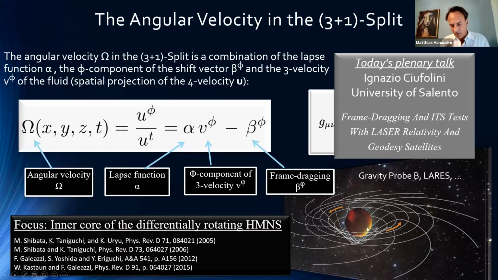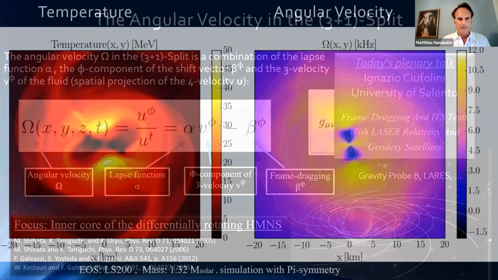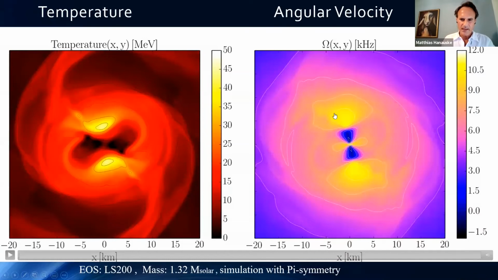But in the interior of a hypermassive neutron star, this frame dragging is really huge. I'm talking about the rotation curves to understand the temperature structure. One can easily see it with the rotation curves.